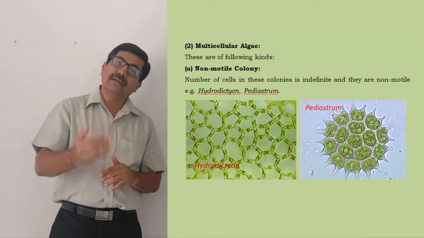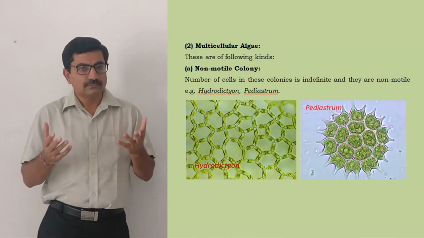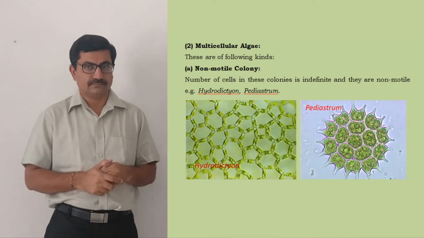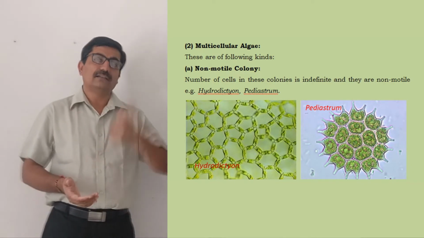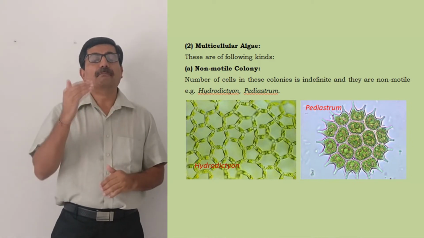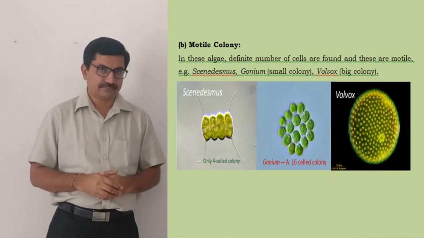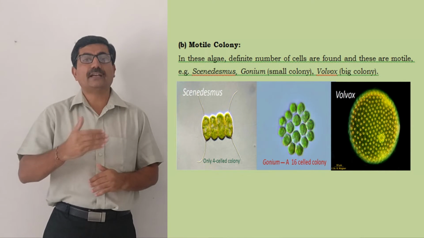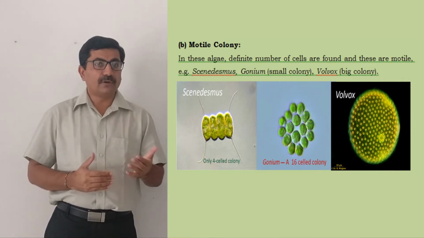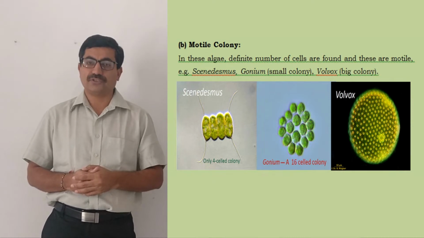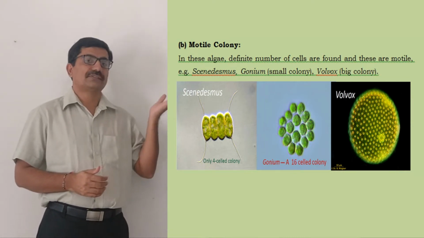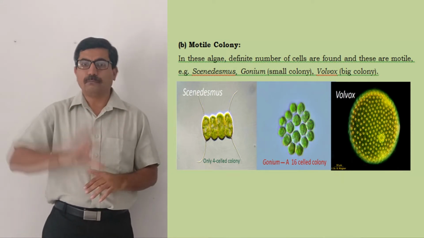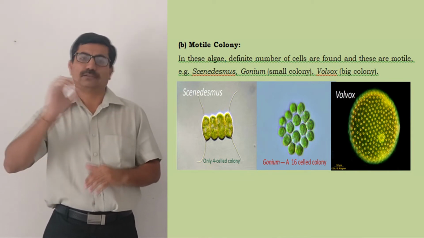That's why they're called multicellular and non-motile. If many cells are together and they develop flagella, this is known as multicellular motile. For this locomotion they develop flagella, and the number of flagella depends on the genus, maybe 4 or 16, or in one case many cells together make a circular colony for locomotion.